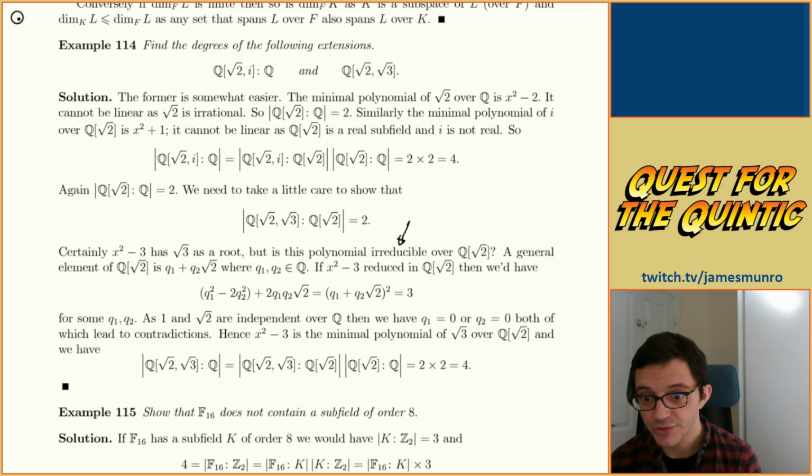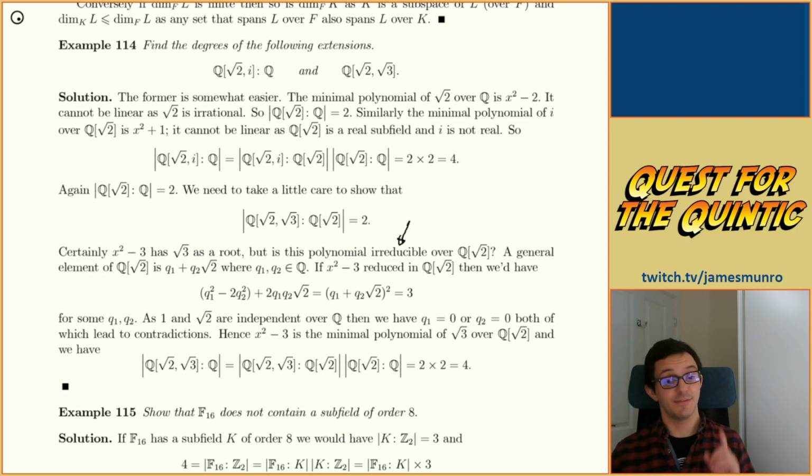If it reduced, so reducing means writing it as a product of two polynomials, which here, because this polynomial's got a really low degree, would mean writing it as the product of two roots. Maybe there's something in that. This is the first moment we've seen where low degree polynomials let us make progress.